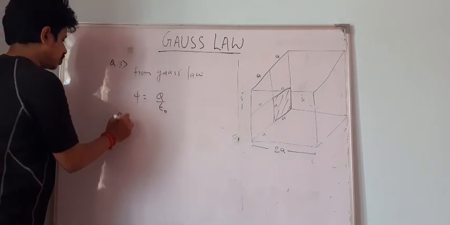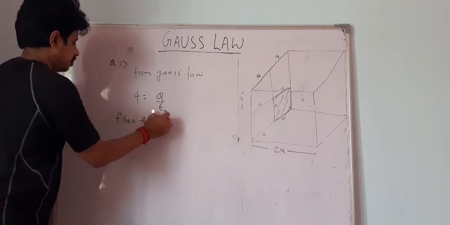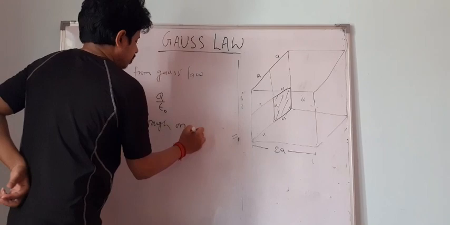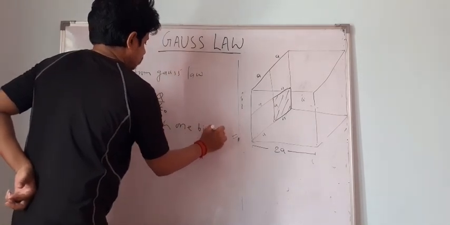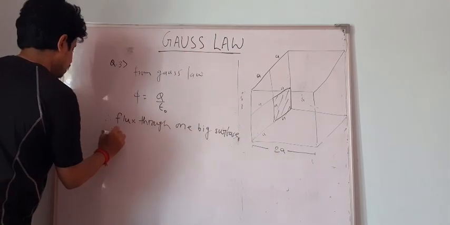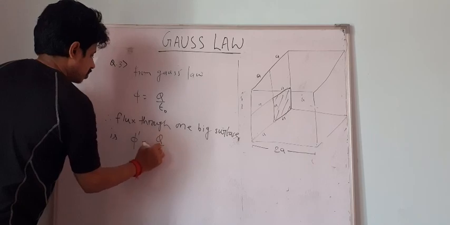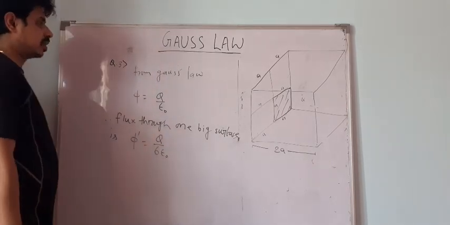Therefore the flux through one big surface is phi dash equals q by 6 epsilon naught.